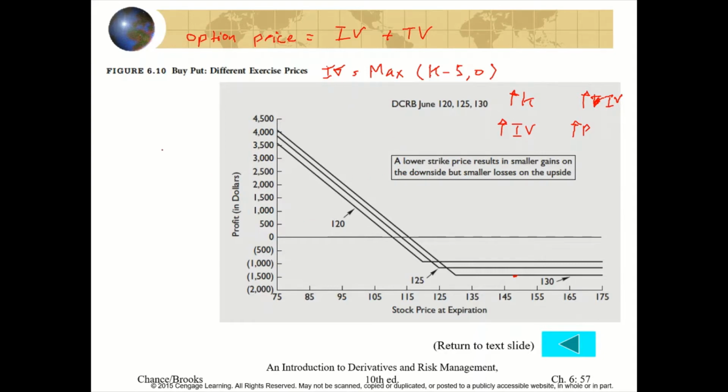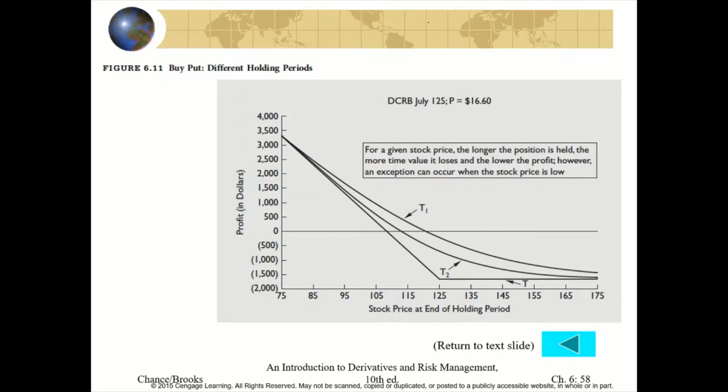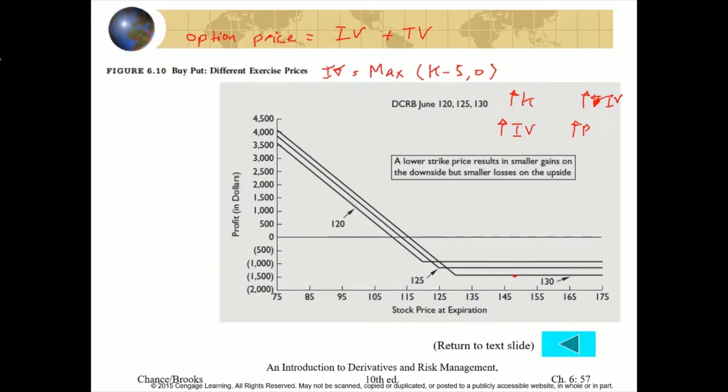However, if the price went down, as the price goes down, we will be able to exercise the option with the highest strike price earlier compared to other options with lower strike prices, and this will result in realizing a payoff earlier.